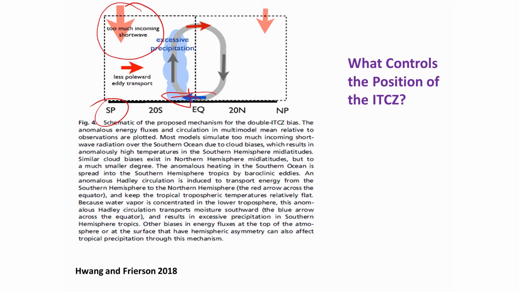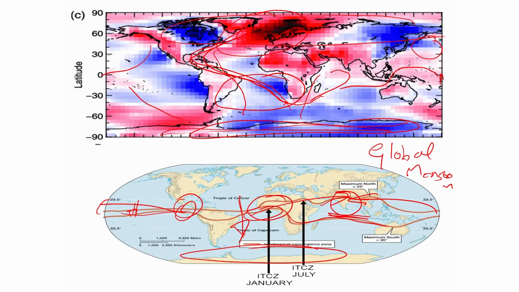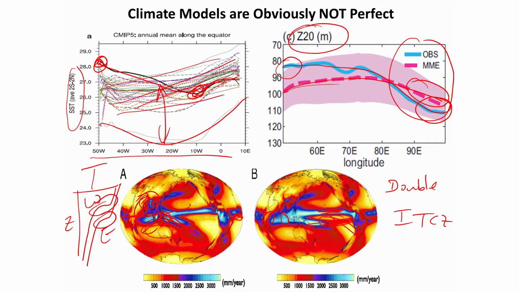So, in the models it has been argued that models are not doing the clouds correctly, hence the models are moving the wrong amount of energy to the south, and that is what is giving us this double ITCZ in the model. Is that the case?